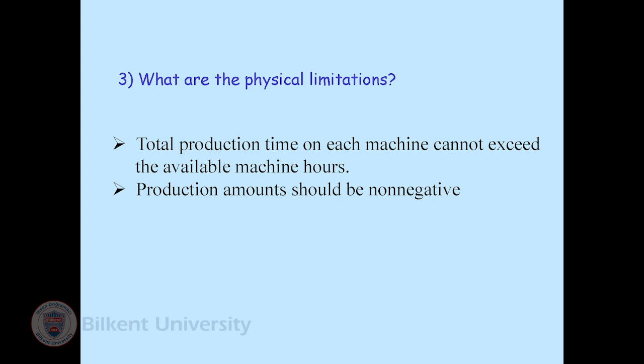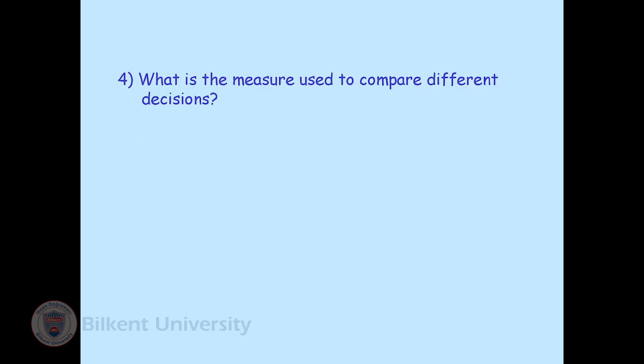And of course, I cannot produce negative amounts. These will be called constraints in our mathematical model. So terminology: decision variables, the things I can change, in this example the regular and low-fat milk that I'm producing. Parameters, things that I cannot change. And constraints, my physical limitations.